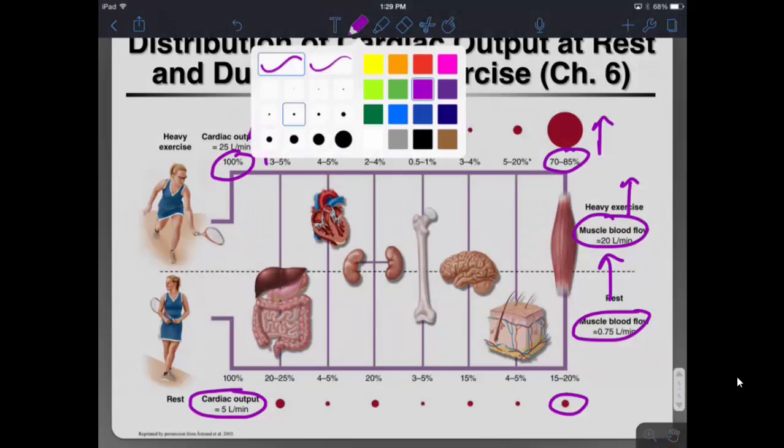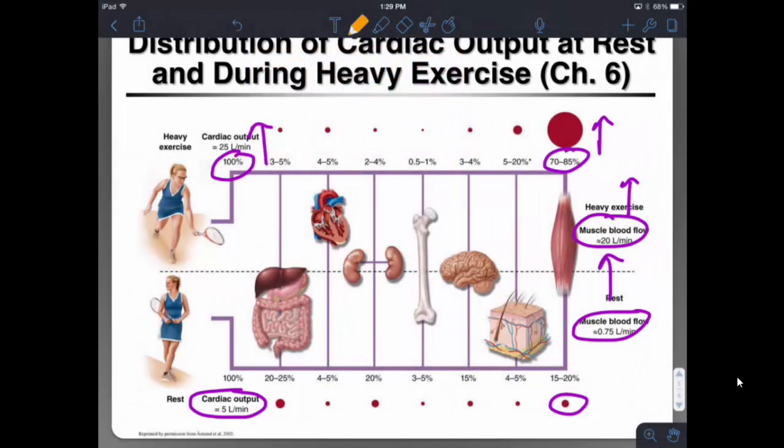Okay. To take that one step further, with training, we see further increases in cardiac output, further increases in the percentage of that cardiac output distributed to the muscle, and therefore more muscle blood flow during exercise. Okay?